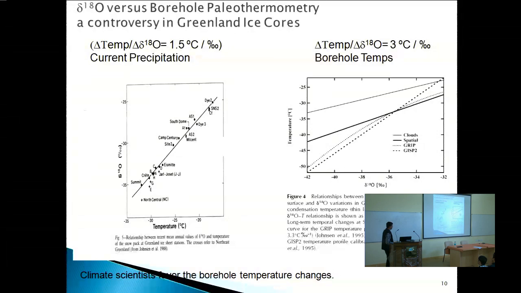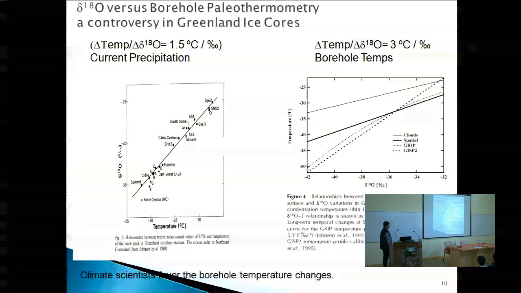Here they say 1.5 instead of 1.4. They verified it with the temperature obtained from the borehole and say that the two are consistent with each other to a certain extent, so that they can match and get the reconstruction done if you take the ice core back in time.